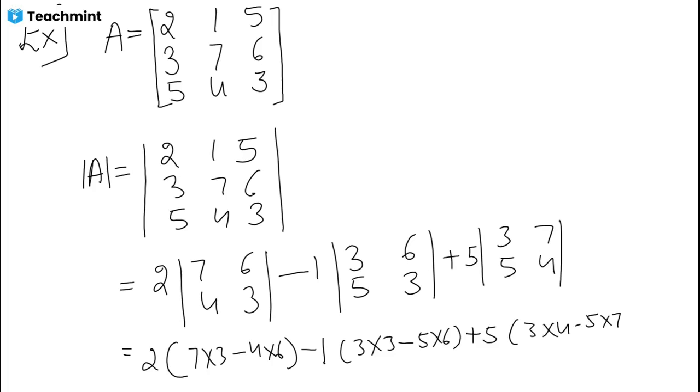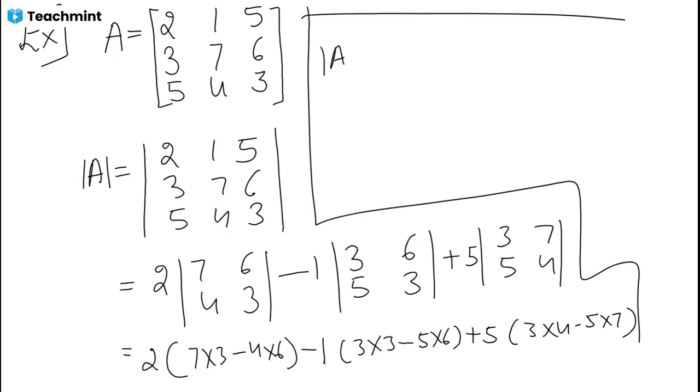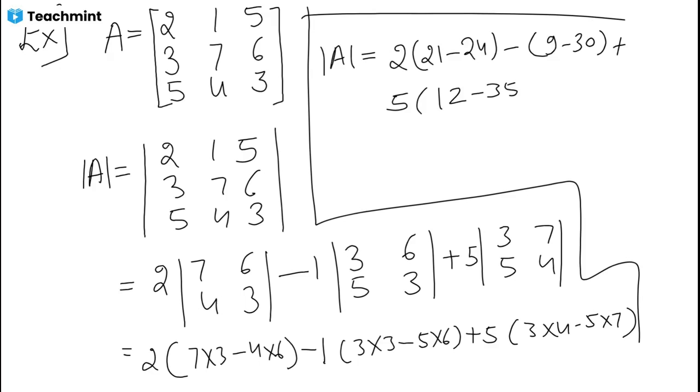So now let us solve further. So determinant of A, you have 2 into 7 into 3, 21, minus 24, minus 1 we have. So just multiply 1 with the same number, you get 9 minus 30, plus 5 into 12 minus 35. So now we have 2 into minus 3, minus this minus, and this obviously we'll get here minus 21.